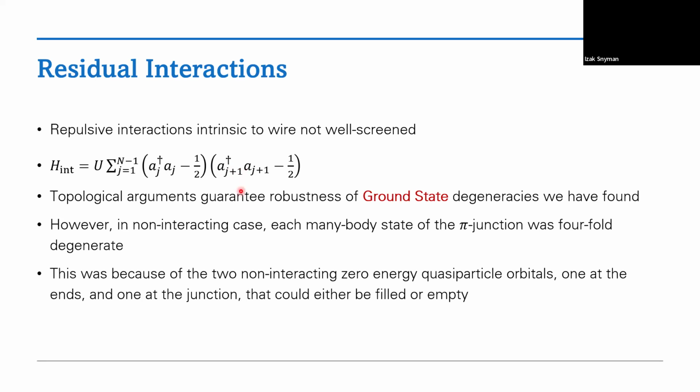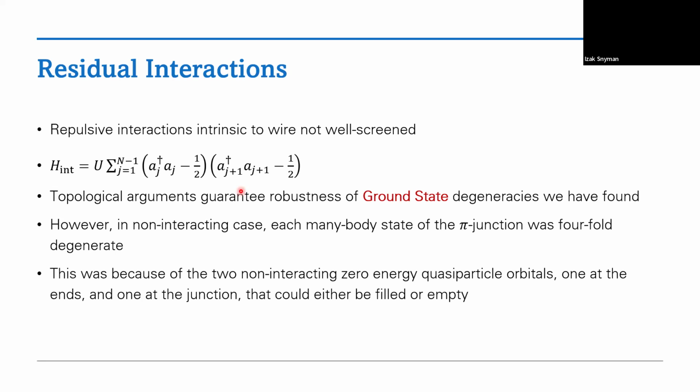So when you add interactions like these, there are topological arguments that still guarantee the robustness of the ground state degeneracies that we found. But as I said before, in the non-interacting case, it's actually every many-body state of the junction that has fourfold degeneracy.